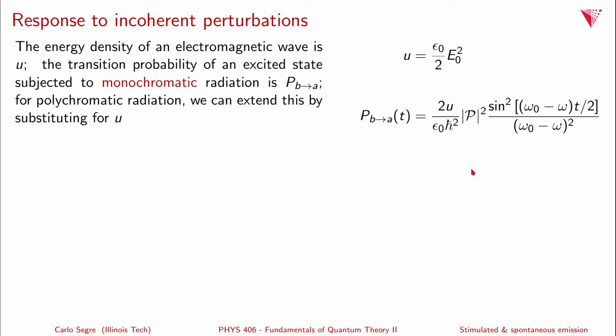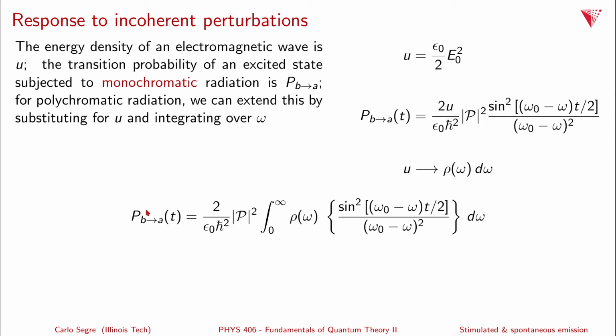Now, for polychromatic radiation, we can extend this by substituting for this energy density U and integrating over omega. U can be replaced by an integral over d omega of the density of radiation as a function of omega, so rho of omega d omega.